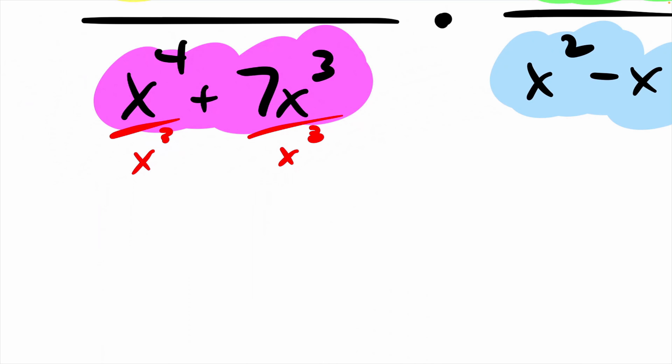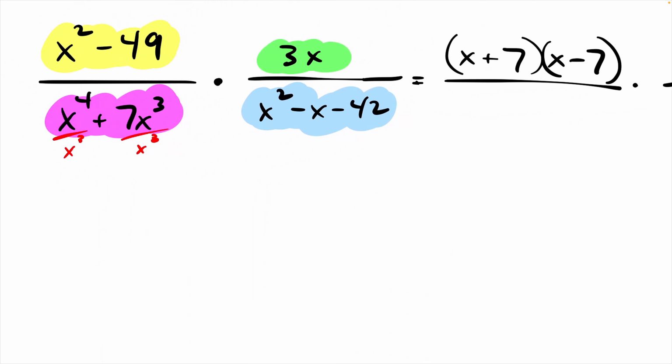So I'm going to put x to the third in front because it's a GCF. And what does that leave after I divide? X plus 7. X plus 7 is not difference of squares, so I'm done with that one. Pink is done. Last one is blue.